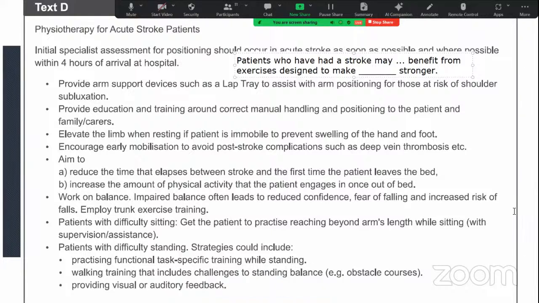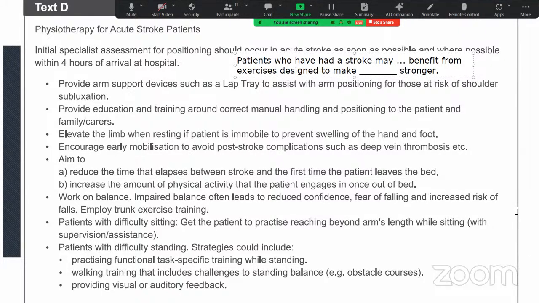Check. Is it right? Check there. Did you get the answer?